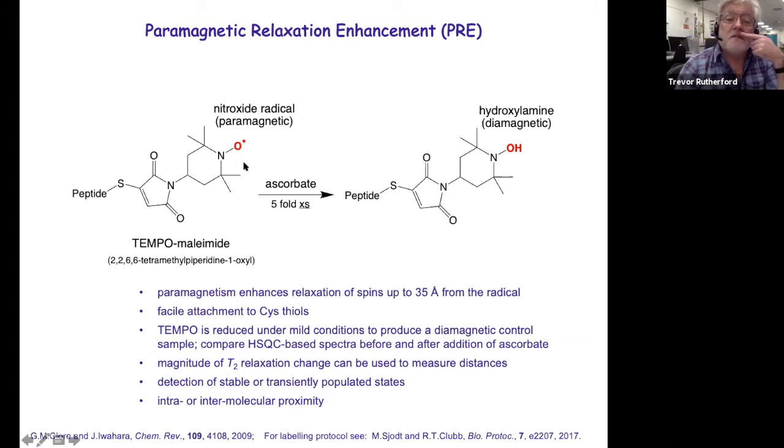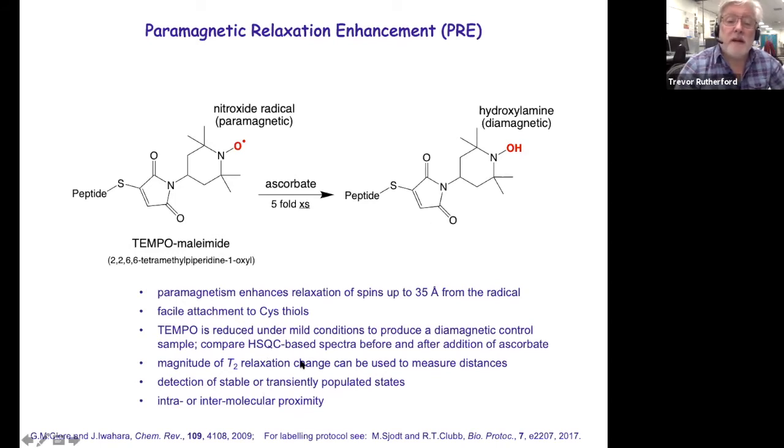We can use this to measure distances in proteins by introducing a synthetic label. Tempomylamide attaches in a facile coupling reaction to cysteine thiols. We can then reduce this with ascorbic acid to a diamagnetic hydroxylamine, and use the spectrum of that as a control.